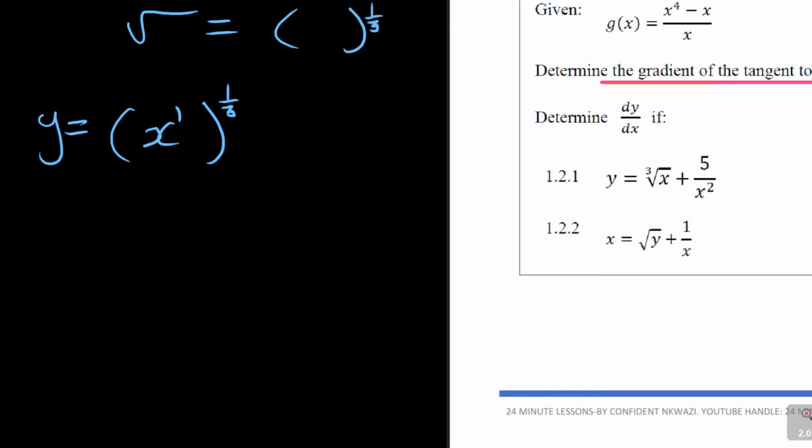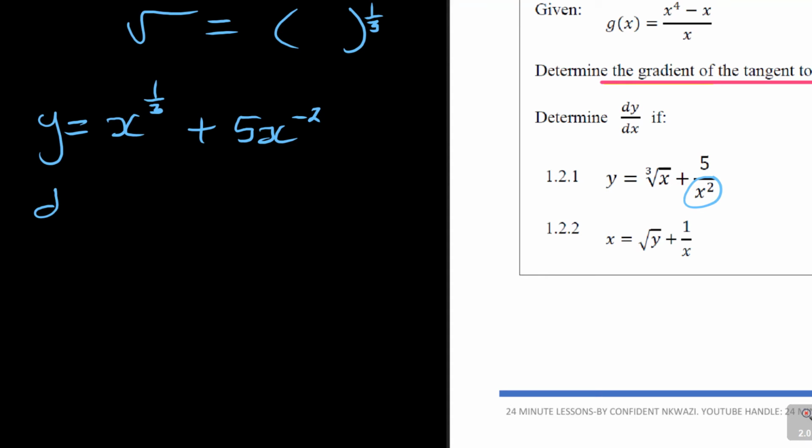See that? Because there is a power 1 there. But I can just simplify this without doing much here. Let me not waste time. This is simple, x to the power 1 over 3, because there is nothing there. Plus, now 5, you take x squared to the top, it is x to the power negative 2. You cannot differentiate things at the bottom, you must take it to the top. Then that's when you can say dy over dx is equal to drop 1 over 3. Remember, you take this, you drop it, then you subtract 1.